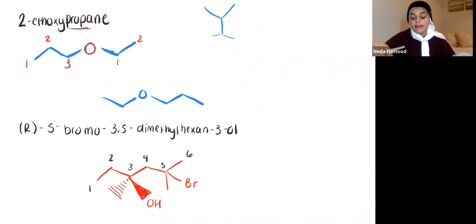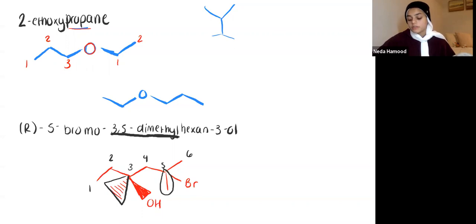It gave us the text in black, so I'm not allowed to just flip it. So I have to draw exactly how the words are for this, although if I were naming this, I would name it from the right to the left, just because of the way that the substituents are. But based on what it's asking us to do, over here we have our 3-methyl, and we also have a 3,5-dimethyl.